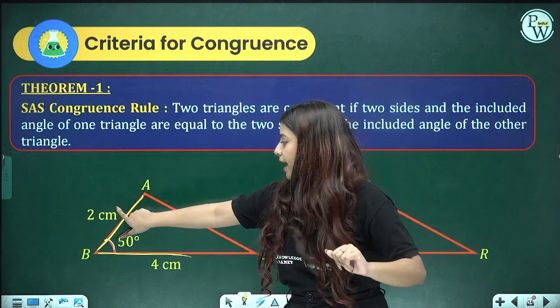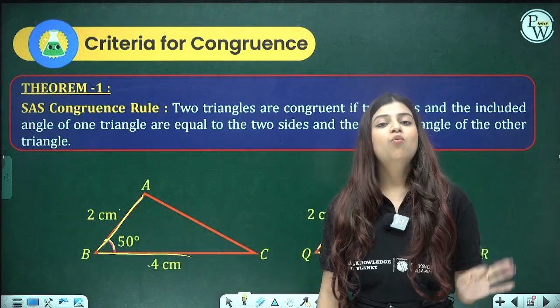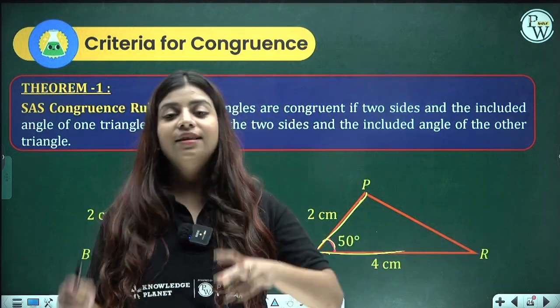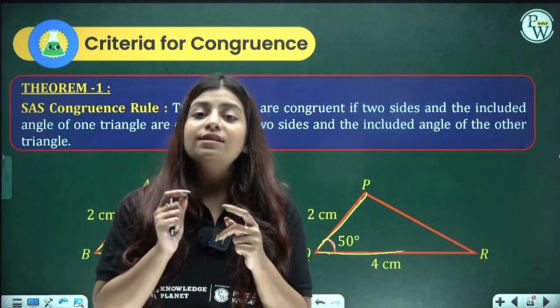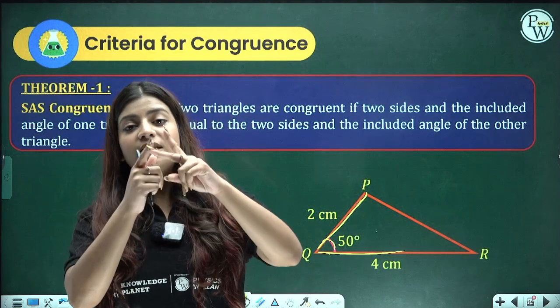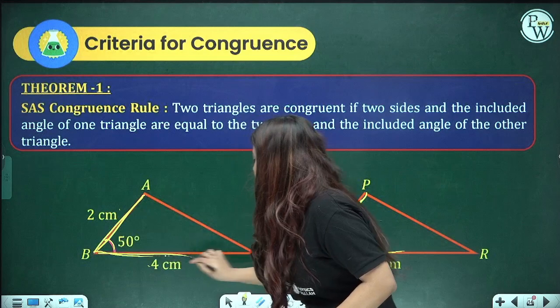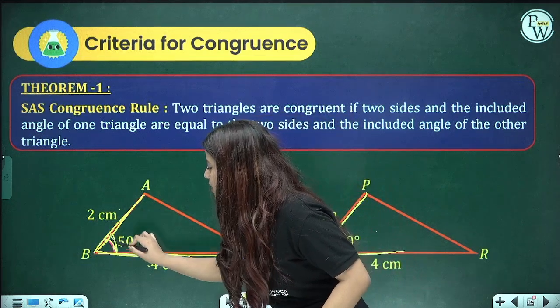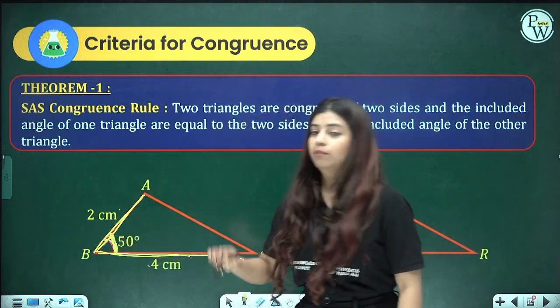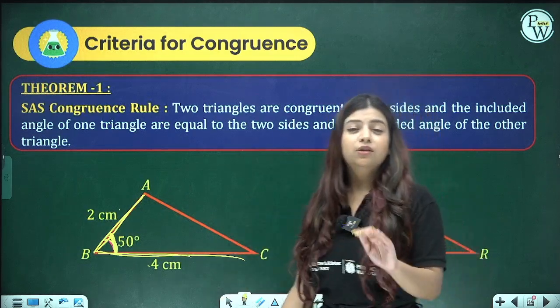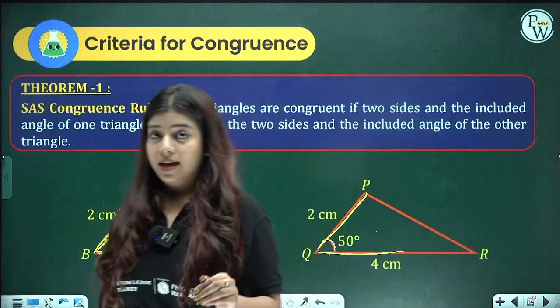See, side, angle, side. So whenever you are using SAS, remember that the angle should always come in between the two sides that you are taking. For example, if you are taking AB and BC, this is the only angle which should be equal. If some other angle is given as equal, then it will not be SAS.